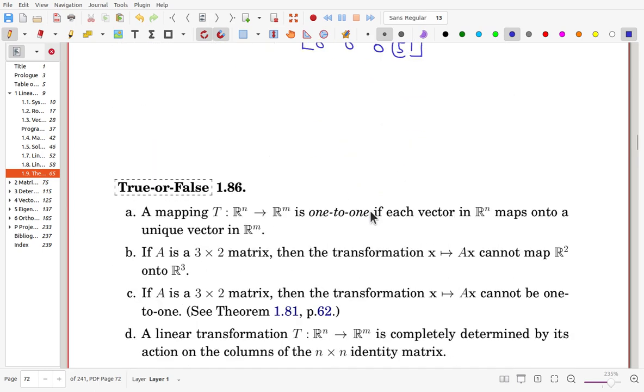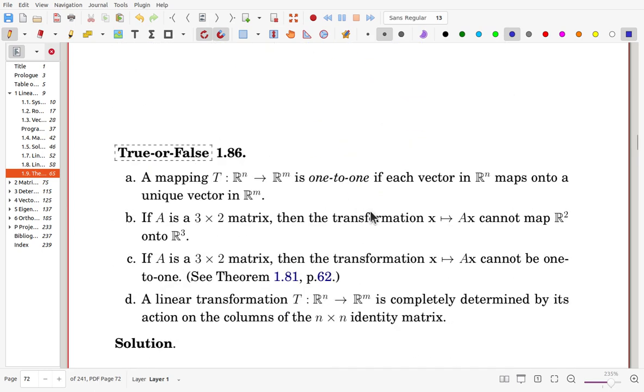Okay, now we'll go to the true or false problem. Part A: a mapping T from Rn to Rm is one-to-one if each vector in Rm maps onto a unique vector in Rm. Is it true?